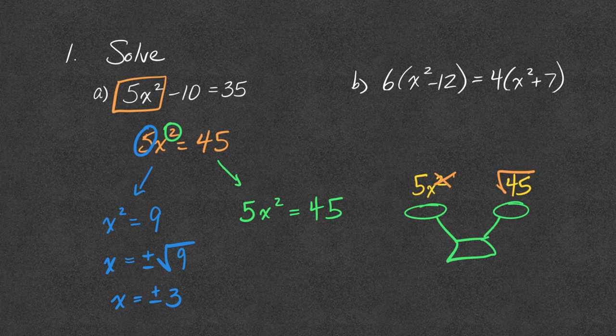So if I actually went back to where we were on that scale, I have a 5x squared on the left side, and it is equal to 45. If I take the square root of both sides, then I need to take the square root of 5x squared, not just x squared.